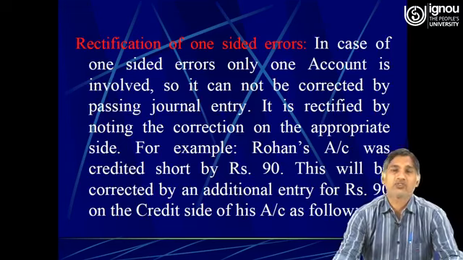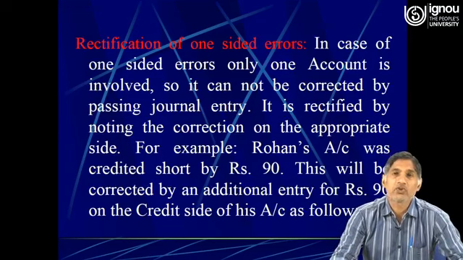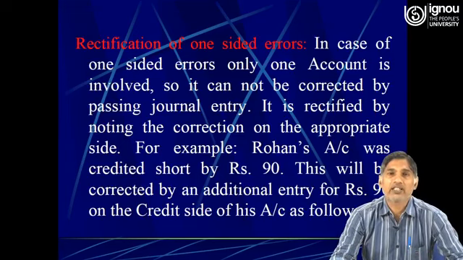Rectification of one-sided errors. In case of one-sided errors, as we all know that only one account is involved, so it cannot be corrected by passing a journal entry. It is rectified by noting the correction on the appropriate side.